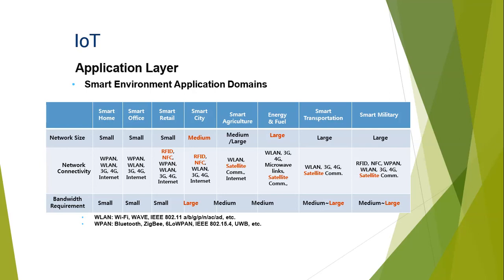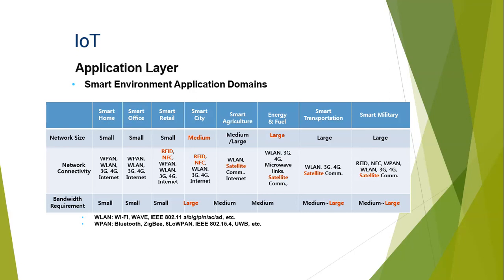Once you reach smart city and smart agriculture, you are going into a medium to large scale network. When you reach smart energy and fuel, you are typically entering a large scale network. Also smart energy and fuel, smart transportation, smart military, these are large scale networks that need to be supported.